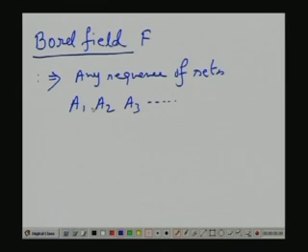For instance, A1 union A2 intersection A3 union A4 and so on and so forth. Any finite or infinite union or intersections, they are also members of F. Okay. This is called a Borel field.